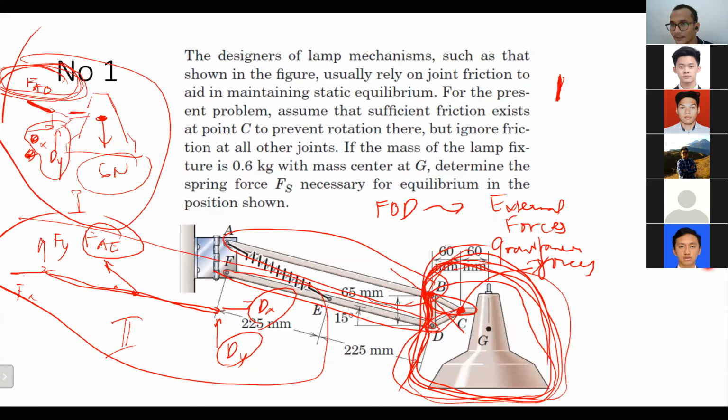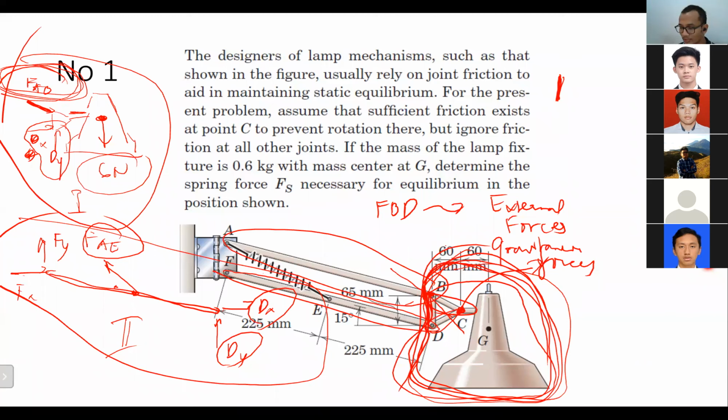But the angle from FAB to BC is different, right, sir? Doesn't matter. I'm still confused, because BC and DC should have force. Yes, but it's internal force, so it's negligible in this FBD.